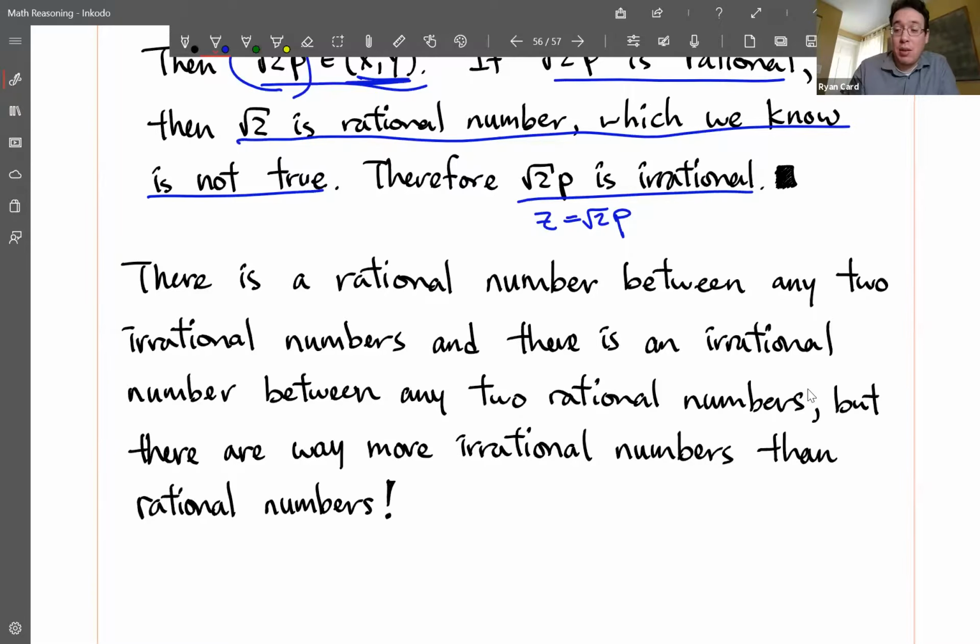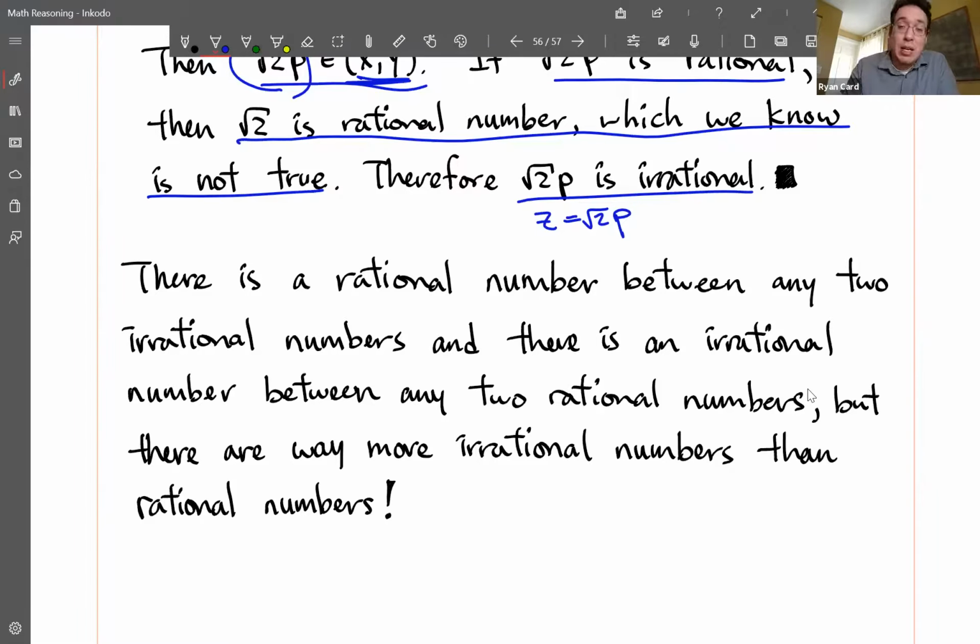Because real numbers are uncountable and rational numbers are countable, you can't take a union of two countable sets to get an uncountable set. We've done an argument like that before. So irrational numbers are uncountable.